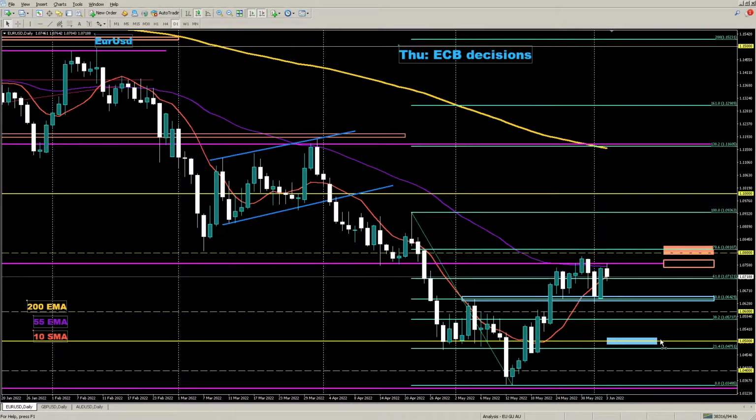So we'll see whether that's going to be this month or the next, where they will then start to increase rates as they try to catch up with the rest of the central banks around the world.